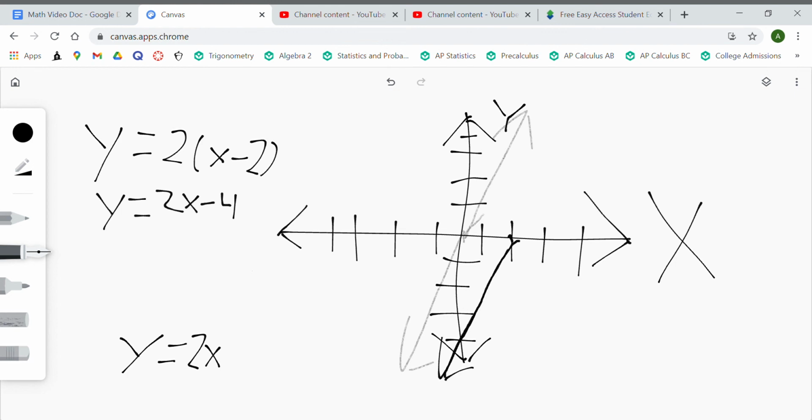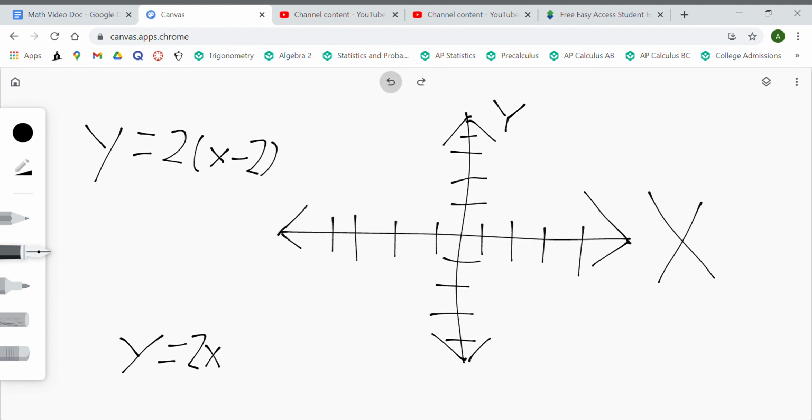Let's try. Boom. A little curved, but whatever. I'm terrible at drawing on my computer, guys. Technology just flat out sucks. But anyways, enough with technology issues.